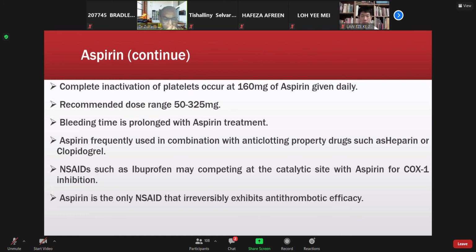Aspirin will prolong the bleeding time. Aspirin is frequently used in combination with anti-clotting drugs, for example heparin or clopidogrel. Using aspirin together with a non-steroidal anti-inflammatory drug such as ibuprofen may compete for the catalytic site of the COX-1 enzyme with the aspirin.